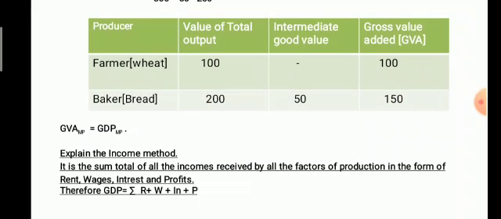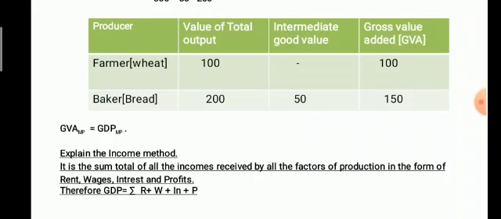So here the incomes of all the factors of production of the country are added together: the total rents, the total wages, the total interest and the total profits of all four factors of production.